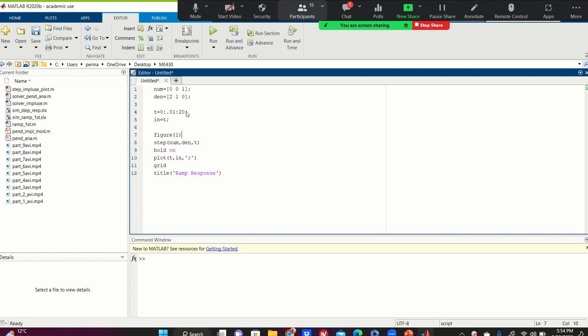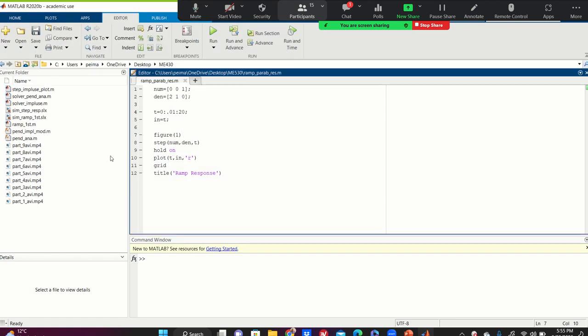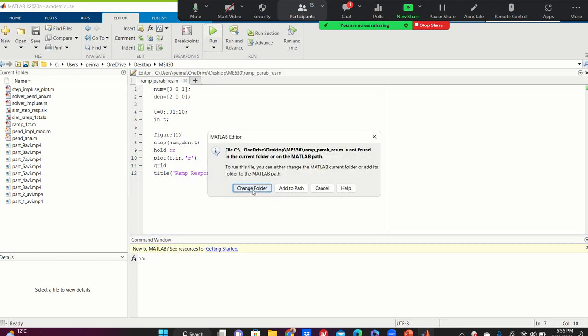So I'm going to save this as M530 ramp and parabolic, because today I'm going to do the parabolic response. Okay. So having this, if I run this, you have to see what I plotted by hand.